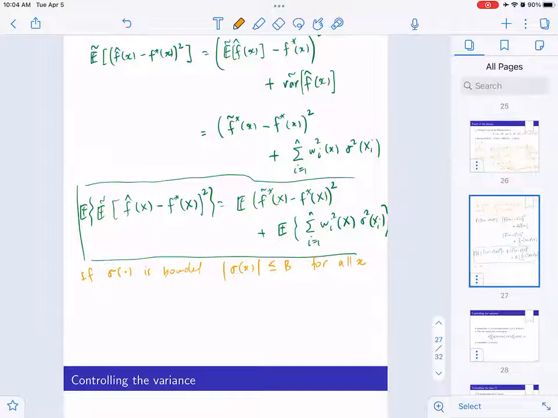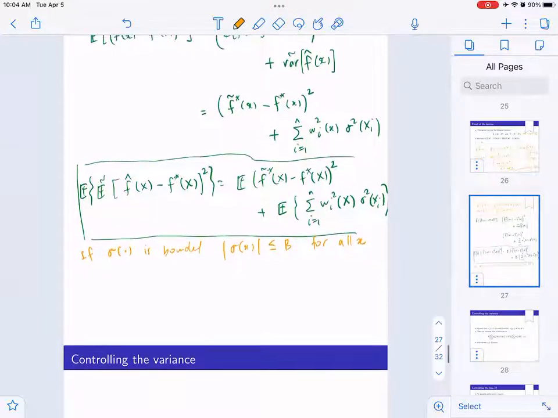How can I bound that quantity? So the variance term, this guy, is bounded by, what is a simple bound here?